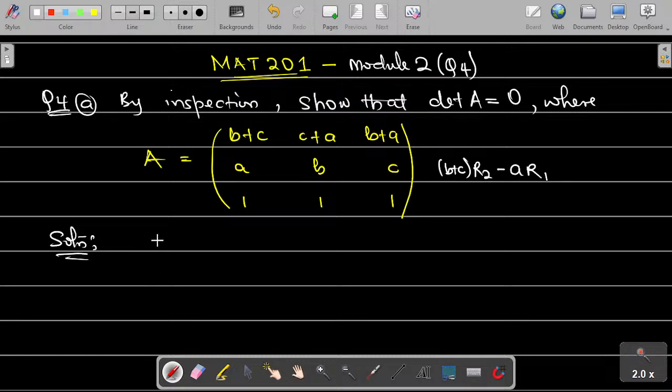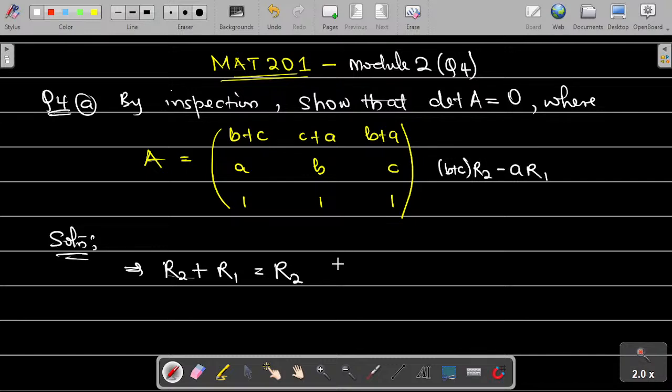So if you do something like 1 times row 2, which means row 2 plus row 1, and you use this to replace row 2, you will discover that row 2 will become the same. In other words, what you're actually doing is this plus this, this plus this, this plus this, and you are using it to replace row 2. So if you do that, you will see that all of row 2 will be similar.